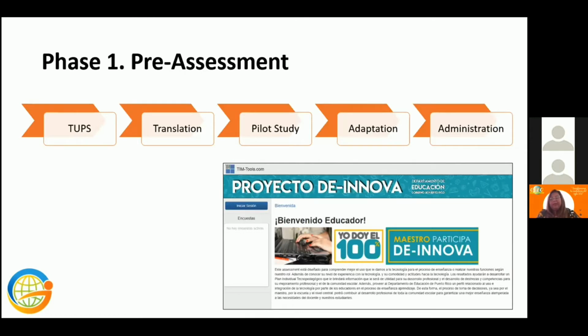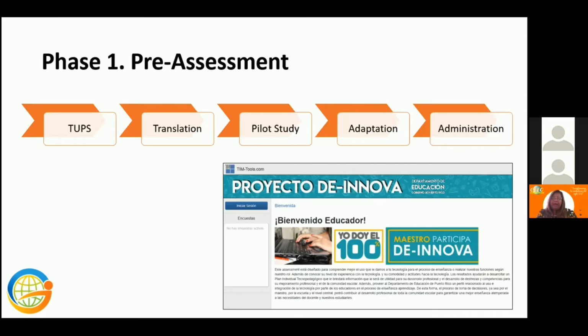So immediately the first part of that process was taking the technology uses and perception survey, because we decided, after looking at all of the tools, that we wanted to start with the survey and then build up to the other tools in order to get the comprehensive picture throughout that one year. So we translated and we did a pilot study to make sure that we could validate the language translation.